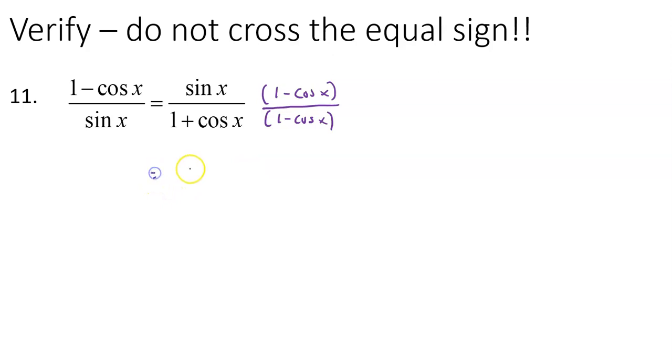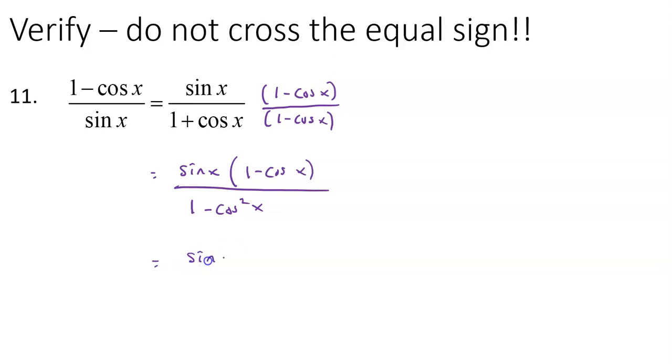So this gives me what? On the top, it gives me the sine of x times 1 minus cosine x. On the bottom, 1 times 1 is 1. When you FOIL it, you get minus cosine plus cosine, so that goes away, minus cosine squared x. All right, well, if sine squared plus cosine squared equals 1, then 1 minus cosine squared is equal to sine squared.